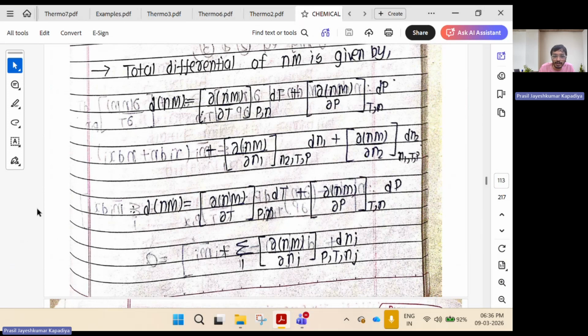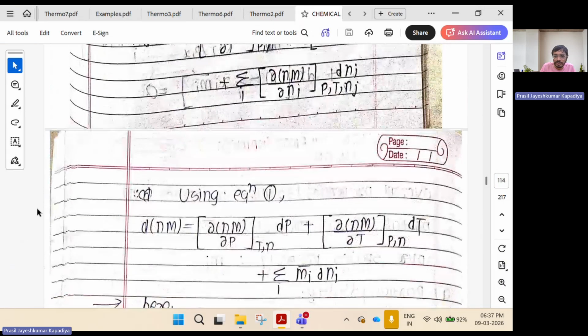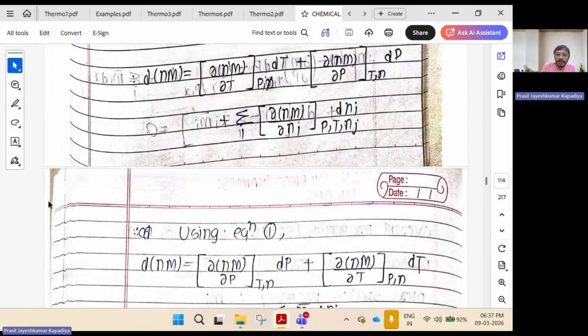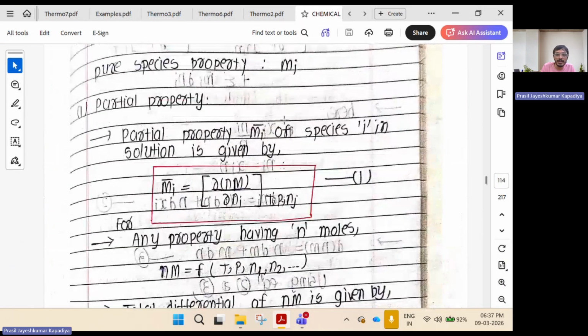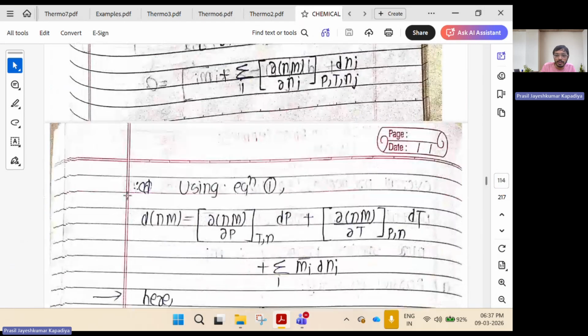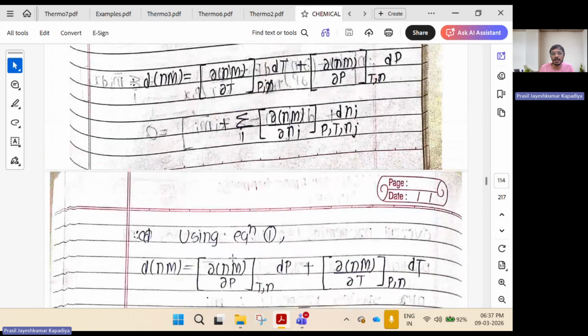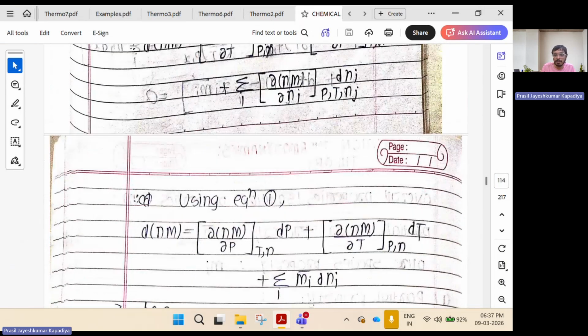So this is what I can write. Now we know this del nM del ni at Tp and J is nothing but my partial molar property Mi bar. So I can replace this: these two terms, del nM del p dp and del nM del T dT, remain as they are, plus this term we just replace with Mi bar.